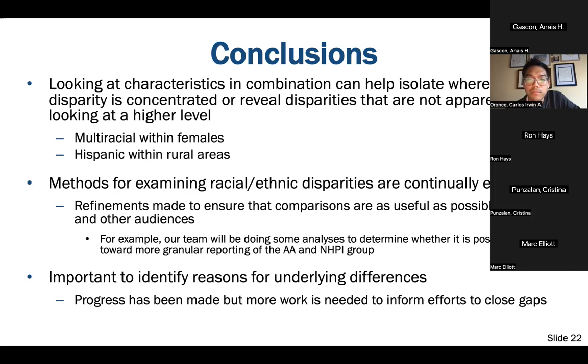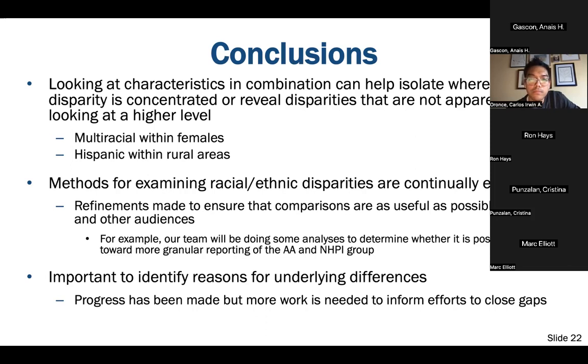At a national level, the sample size and power is quite good, at least for main effects, if you will, of race and ethnicity.